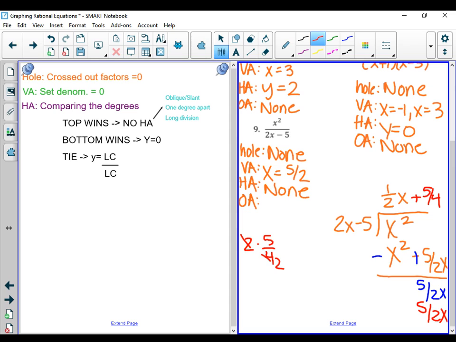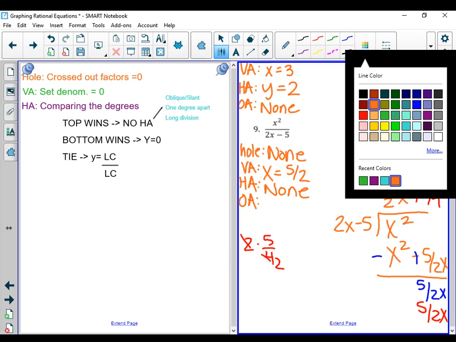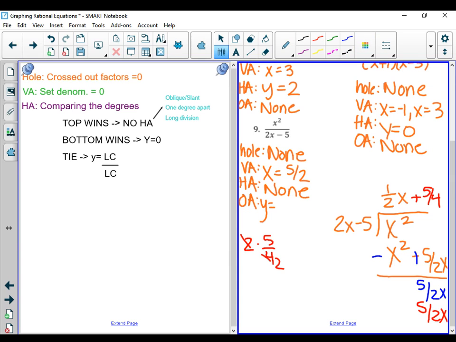So my oblique asymptote, as ugly and weird as it looks, is y equals 1/2 x plus 5/4. Okay. I know fractions are tough, but they're also numbers too.